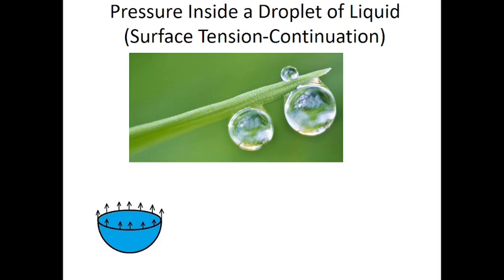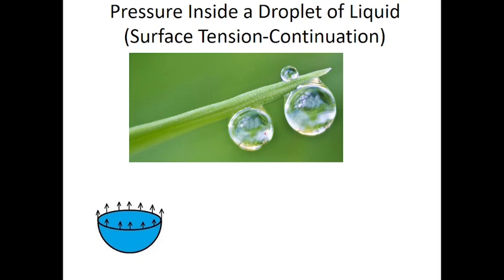Okay, so let's consider this figure now. So we have here a sphere of water, of liquid, and cutting it into half. So there is pressure inside this droplet, and we are interested now in finding that pressure inside the droplet.